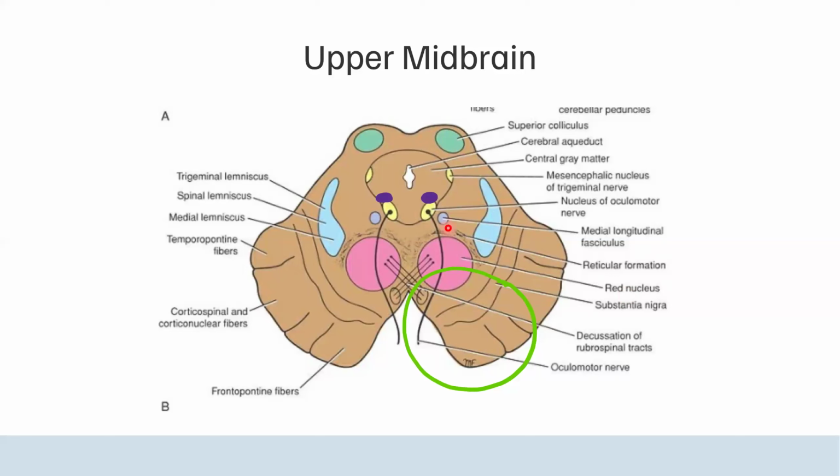Now, the medial longitudinal fasciculus, we said, wants to extend all the way from the 8th cranial nerve to the 3rd cranial nerve. And because of that, it is going to continue with us until we reach this portion right here. The way that I like to look at this section is basically like a bug. So this is the head, these are the eyes, and then these are the antennae.